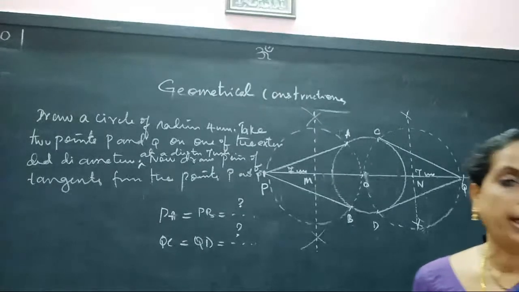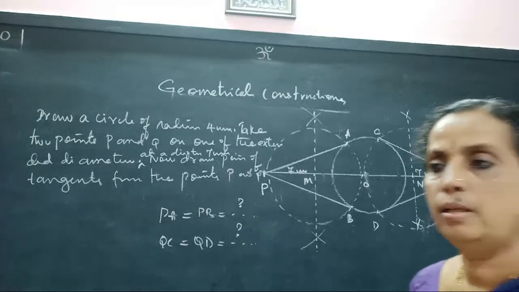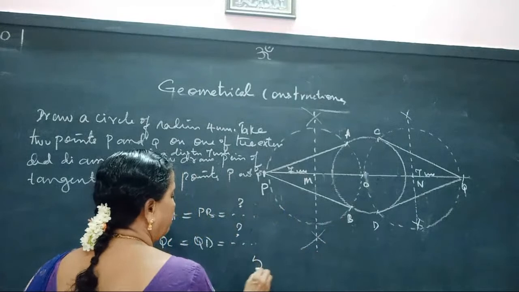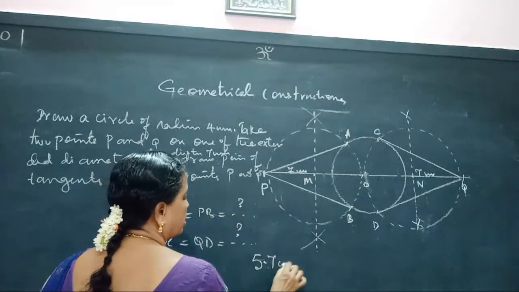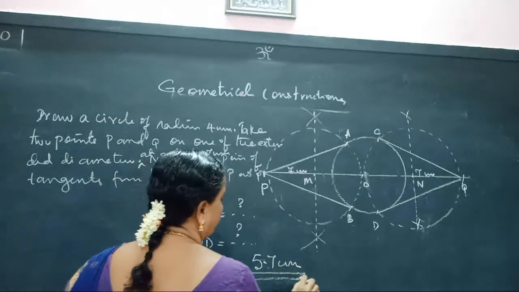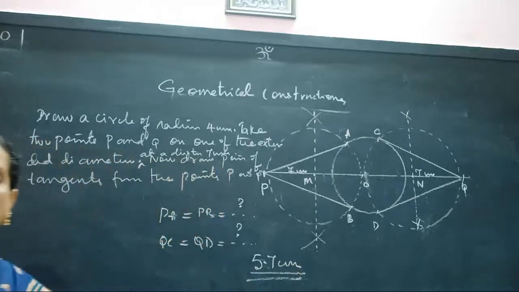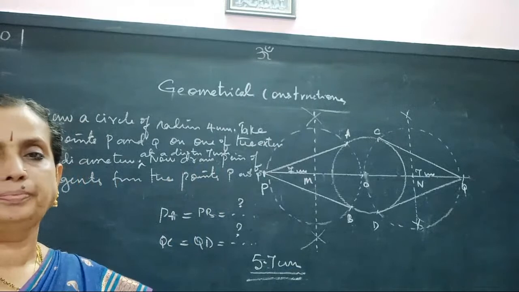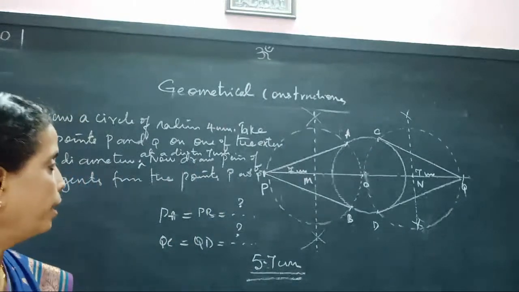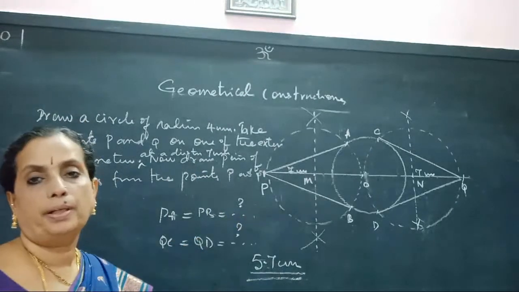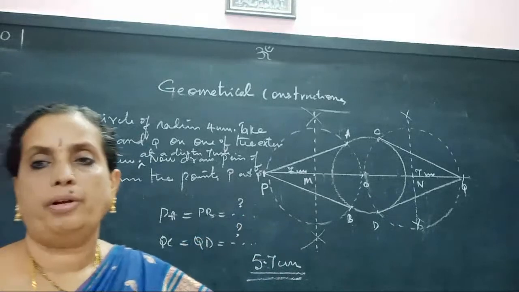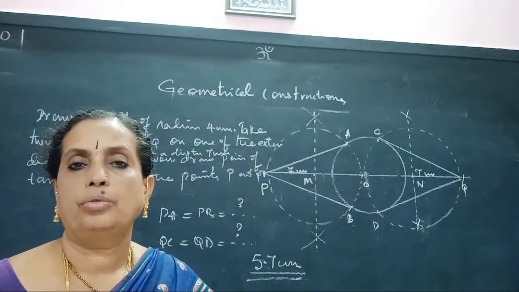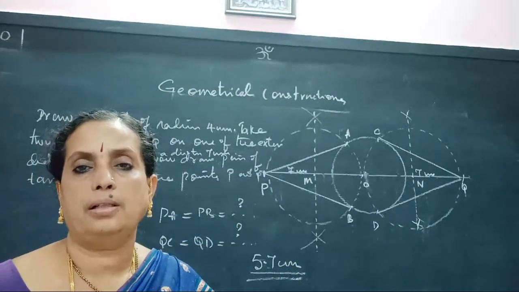So you must get approximately 5.7 centimeter. Check your answer. 5.7 centimeter. This is how we construct the pair of tangents from the extended diameter to the given circle.